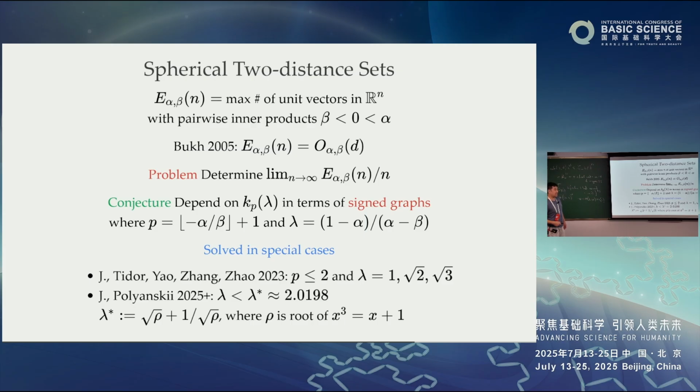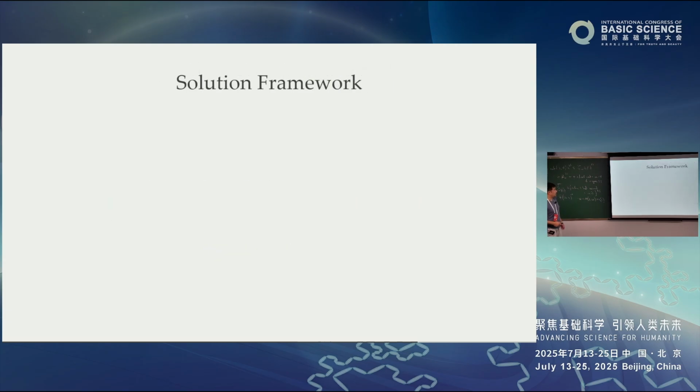The golden ratio is x squared equals x plus 1. The plastic ratio is x cubed equals x plus 1. I don't know, the silver ratio is something else, actually. Anyway, it turns out that this 2.0198 is now the barrier to this spherical two-distance set problem. And I wonder if people can come up with some new idea.